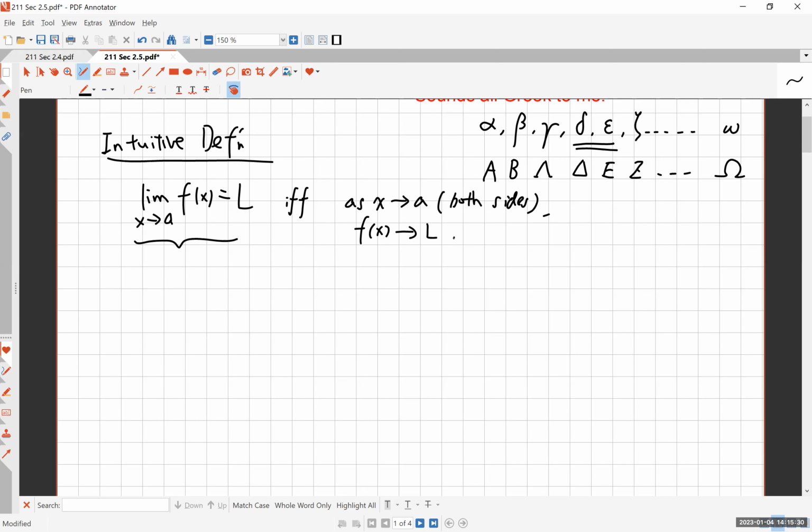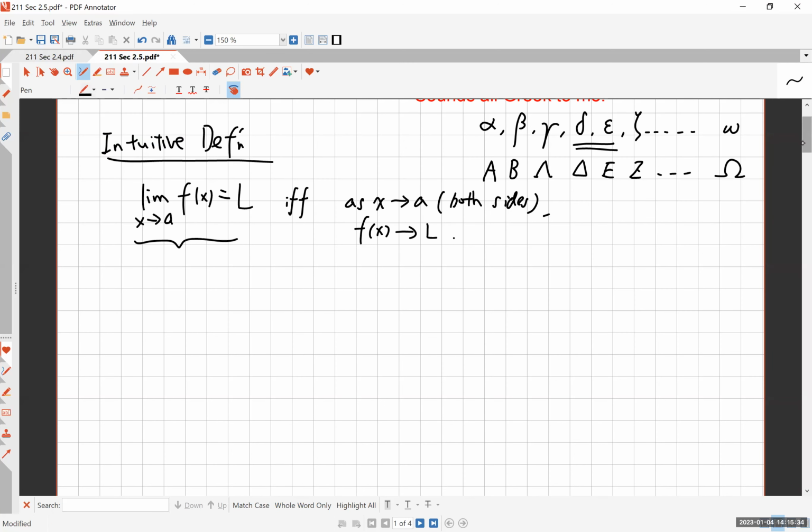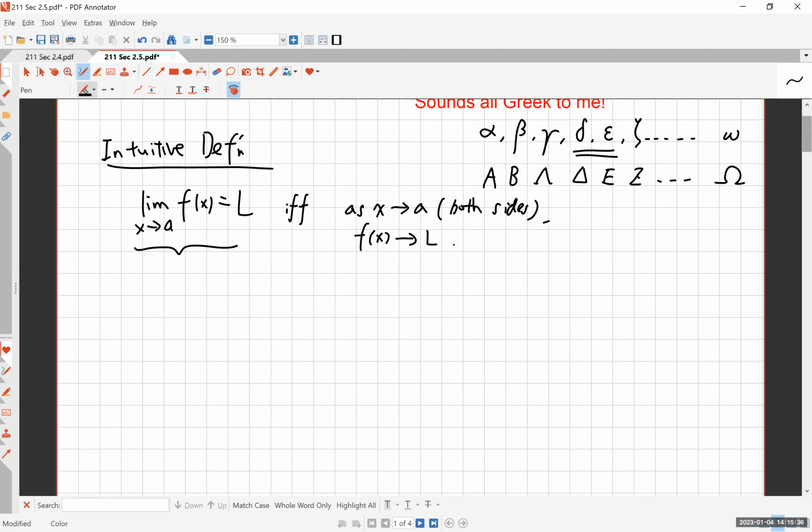The reason this is not mathematically satisfactory is because terms like closer and closer or infinitesimally closer have to be quantified in some way. All right, so here is the official, the mathematical or precise. I like the word mathematical because you can have many things precise but not mathematical. This is the mathematical definition of the limit at a single point.